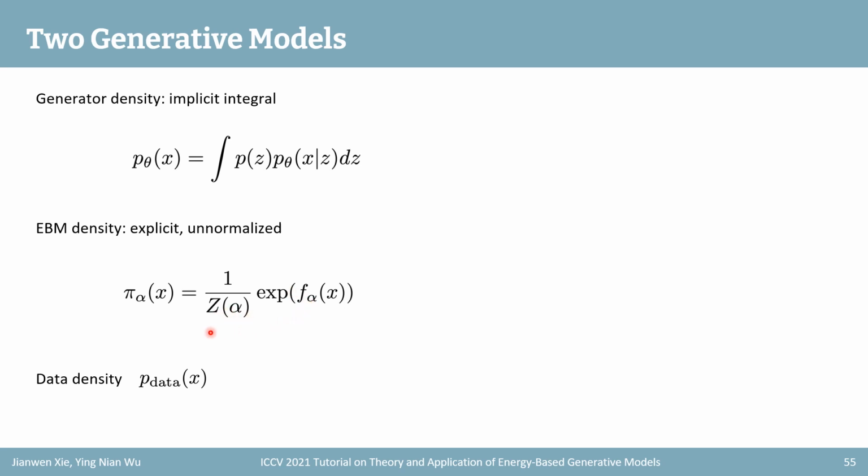And Z_alpha, again, is a normalizing constant. So we want to learn this generator model p_theta and the EBM pi_alpha in a cooperative way so that they help each other. So both can be considered as an approximation to the data density p_data. Here we use p_data to denote the data density, and we observe samples from p_data.